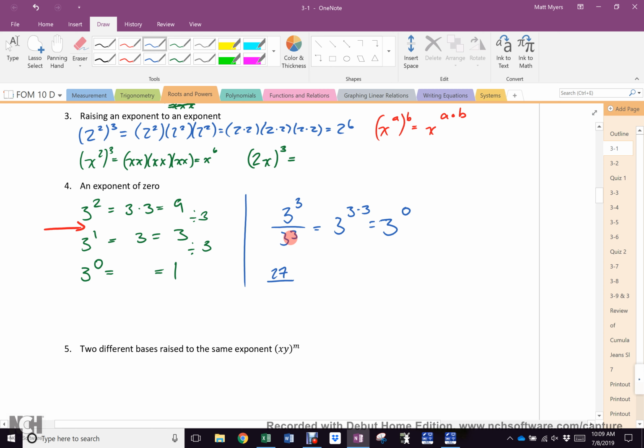And isn't 3 cubed 27? What is 27 divided by 27? 1. So if 3 cubed divided by 3 cubed equals 3 to the 0, and 3 cubed divided by 3 cubed equals 1, then what does that tell us about 3 to the 0 and 1? That they are the same thing as well.